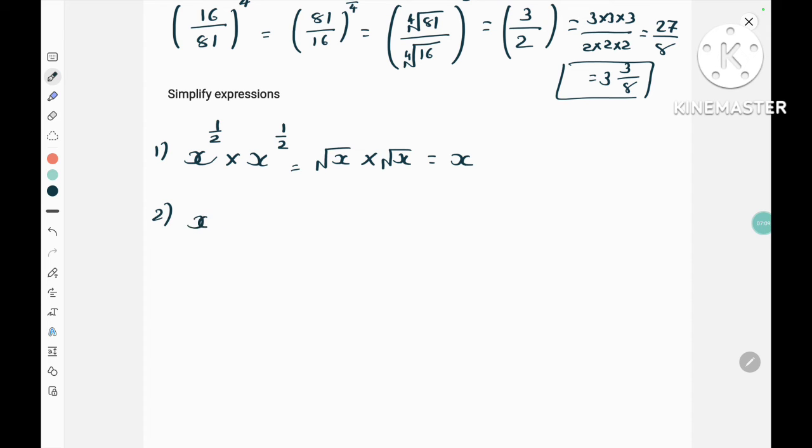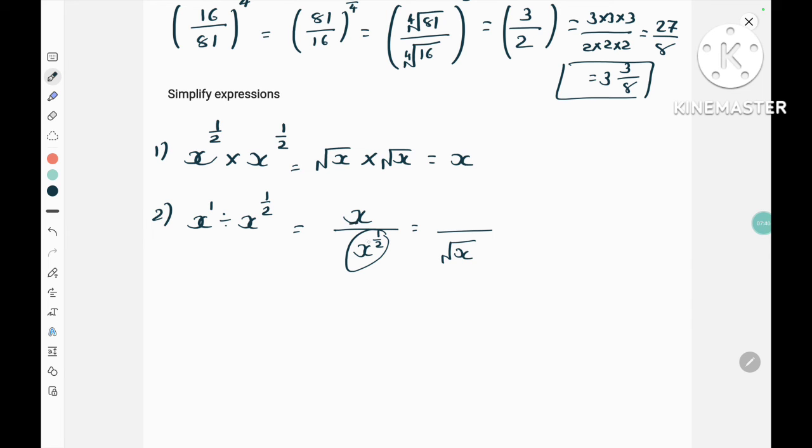If we have x divided by x to the power of half. This x has no power, which means power 1, right? And we are going to divide, so we could write x to the power of 1 over x to the power of half. If we write this in root form, we can write the square root of x.